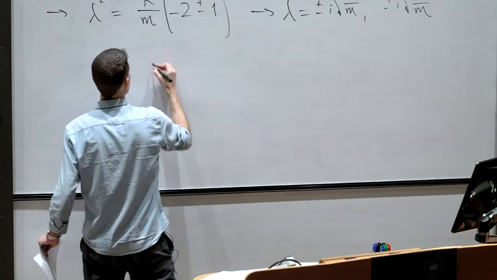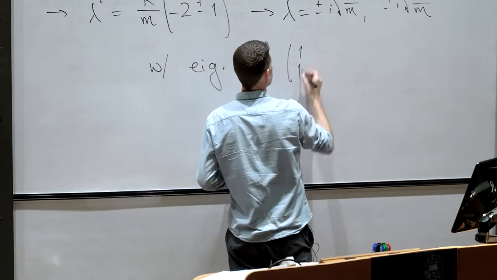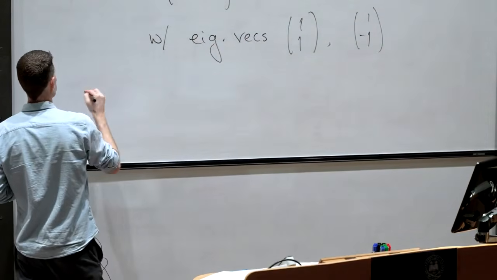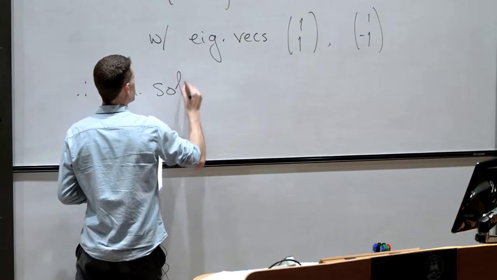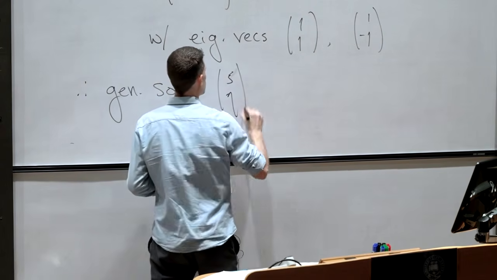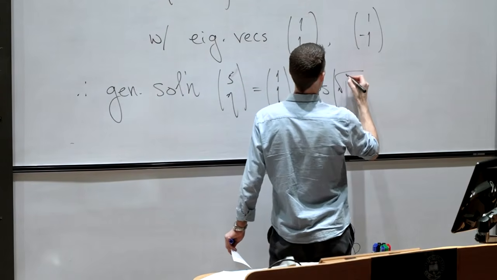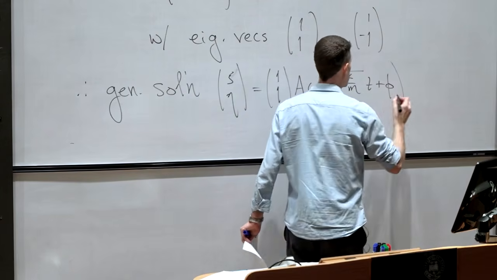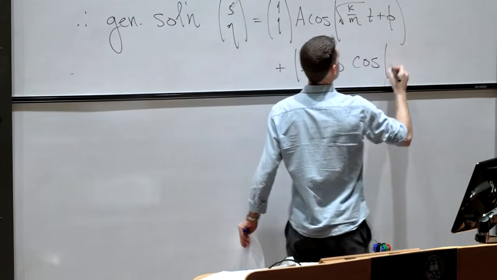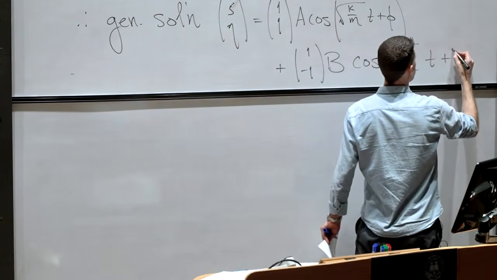And the eigenvectors, if you do that calculation, you get 1, 1 associated with the first one, and 1, minus 1 associated with the second one, which means we end up with the general solution, which would be x, y, really psi, eta, is 1, 1 times a cosine of root k over m t plus phi, plus 1, minus 1 times b cosine root 3k over m t plus, let's call it psi.